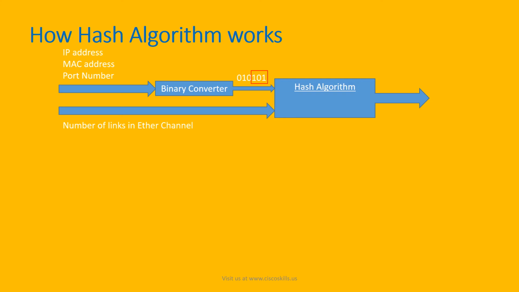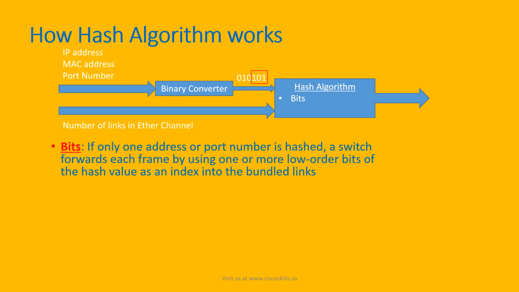And based on the load balancing method that we configure on the switch, it will perform the bit operation. The bit operation is performed if only one address or port number is hashed. The switch will forward the frame using one or more low order bits of the hash value as an index into the bundle links.